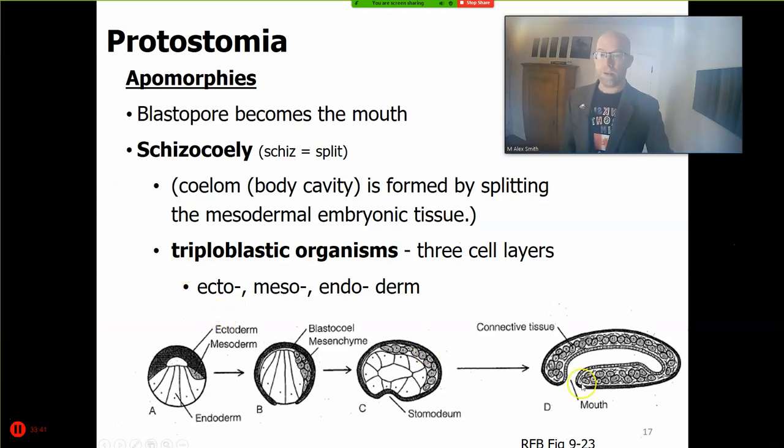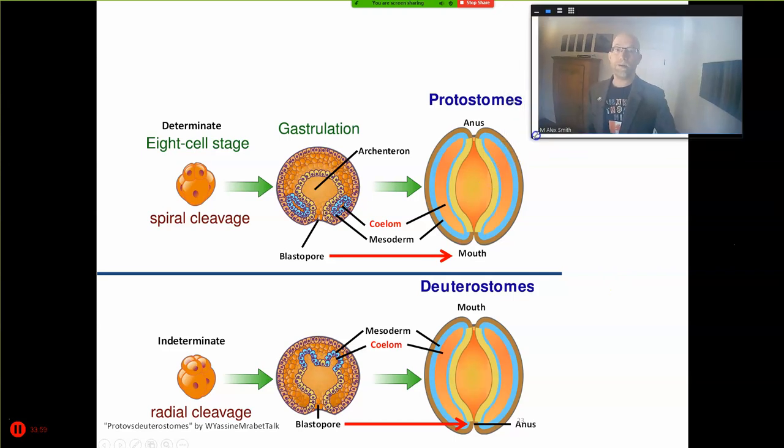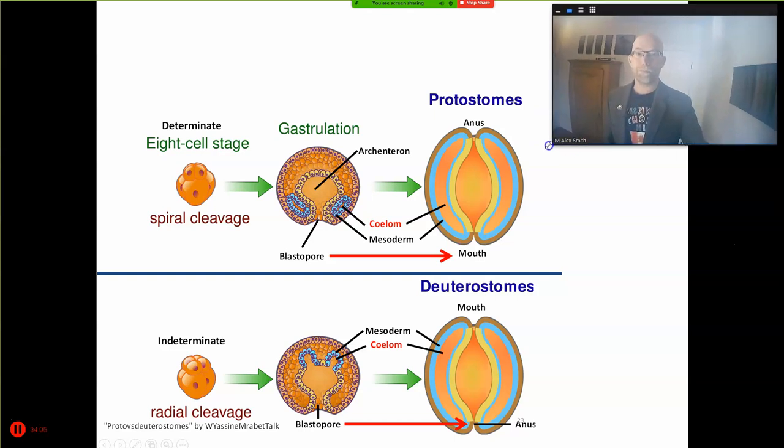And you can see a figure at the bottom here going through these developmental stages, 1 to A, B, C, D, across the formation of this body cavity by schizocoely. A super duper word, if you could ever manage it, in Trivial Pursuit, in Scrabble.